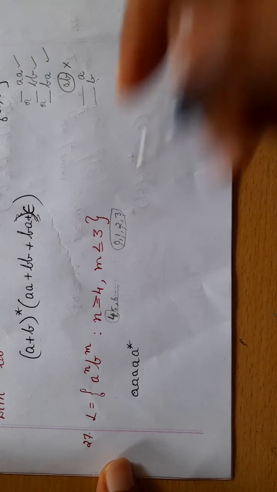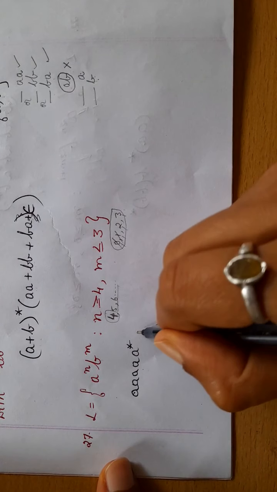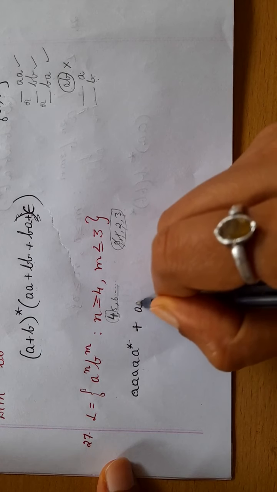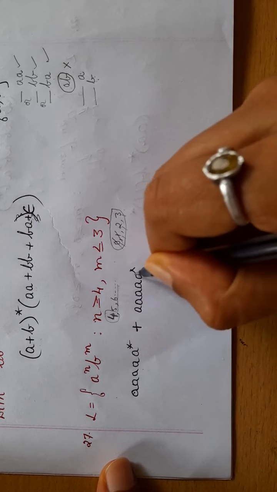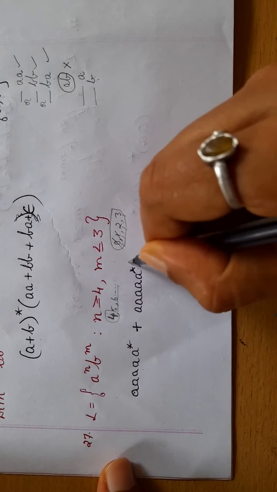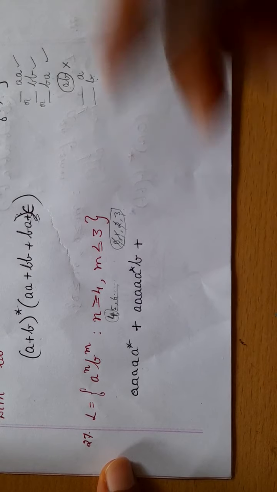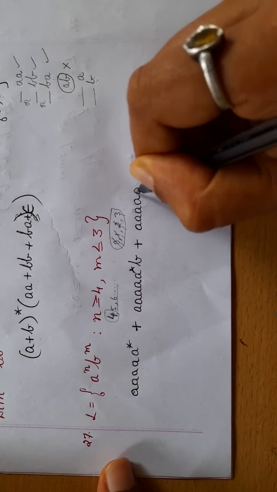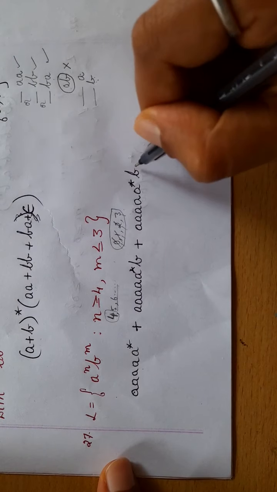I am done with 0. Next I will consider with respect to 1, that is, I can have A, minimum 4 A's, any number of A's followed by 1 B, or I will write with respect to 2 now, that is minimum 4 A's, 1, 2, 3, 4, and then any number of A's followed by 2 B's, that is BB.